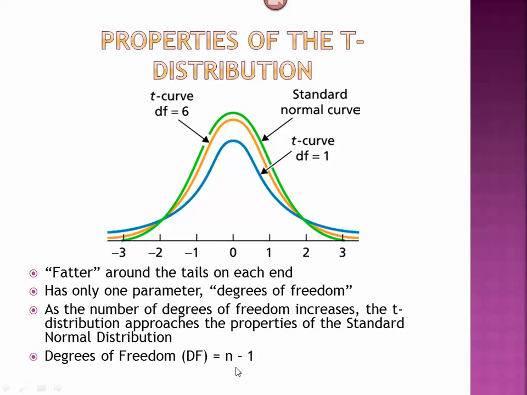So the main idea here is that every time we increase our sample size, that in turn changes our degrees of freedom, and we get an entirely new curve above the x-axis. With a new curve, we get new areas.